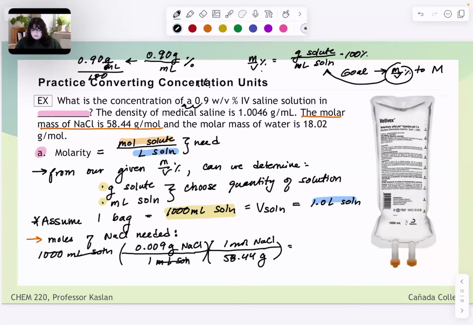So we need to find this by taking 1,000, multiplying it by 0.009, which is really just moving our decimal over 3 places, and then dividing by 58.44. So 9 over 58.44. I get 0.154 with 2 zeros following, so that's nice for our sig figs. Moles of NaCl.